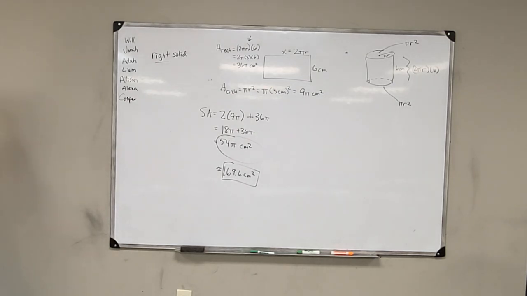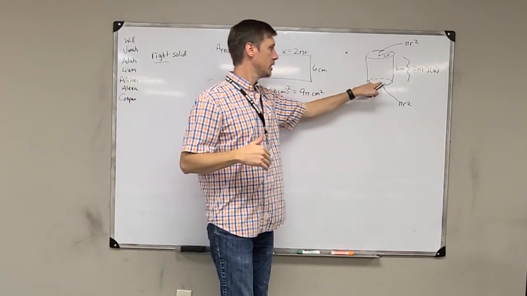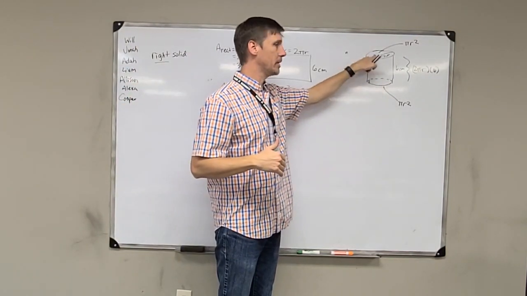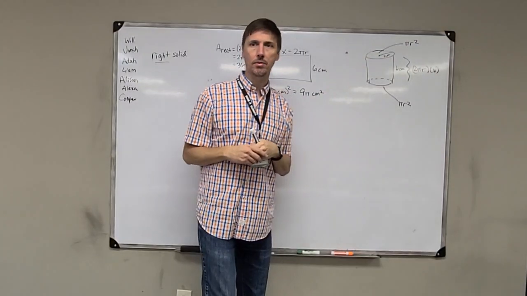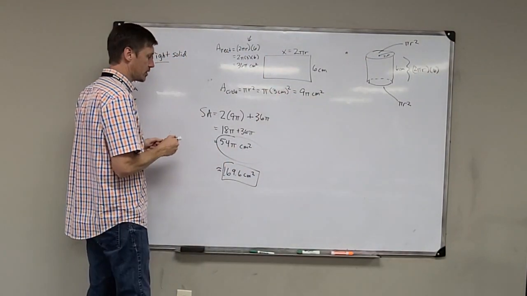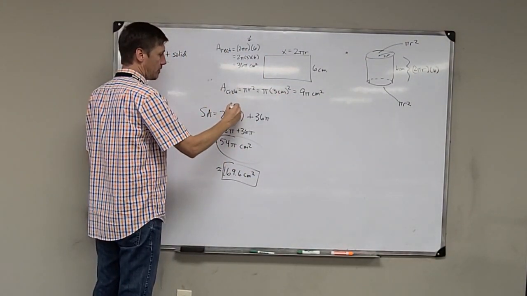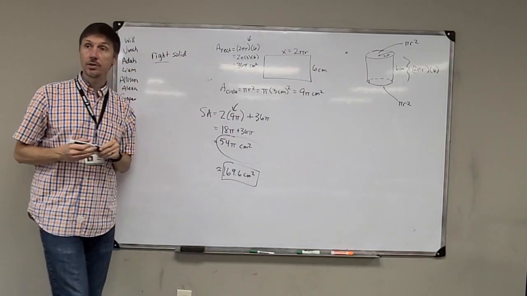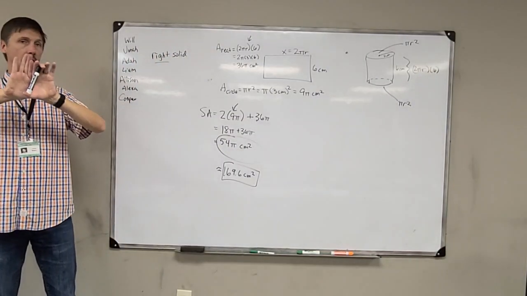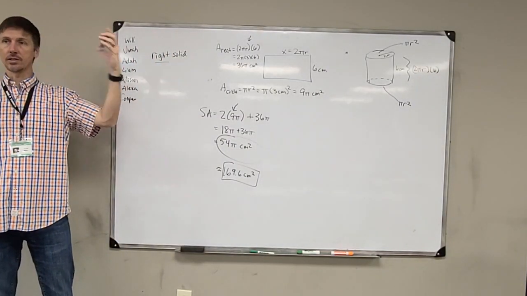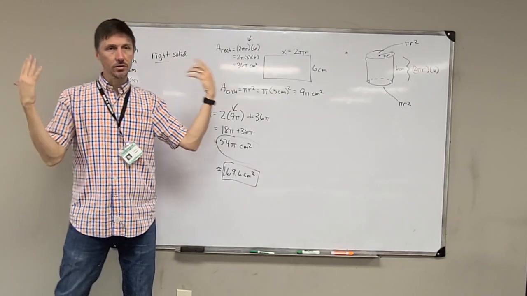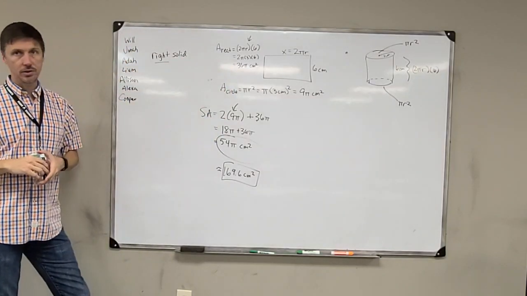What that means for us is that the base, the top, this shape on the bottom is going to be exactly the same as the shape on the top. Okay, so we'll always be able to do this thing where we find the area of the top or the bottom and we multiply it by 2, and then we'll think about unhooking this thing and building the rectangle for the middle section, and then we'll add that to that.